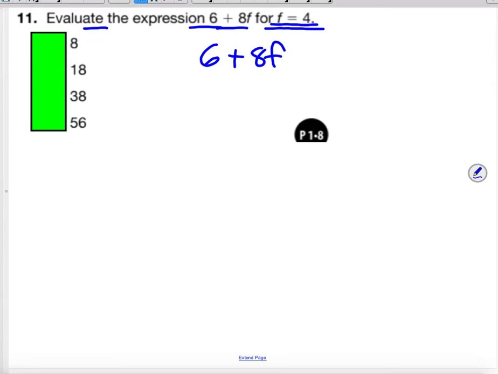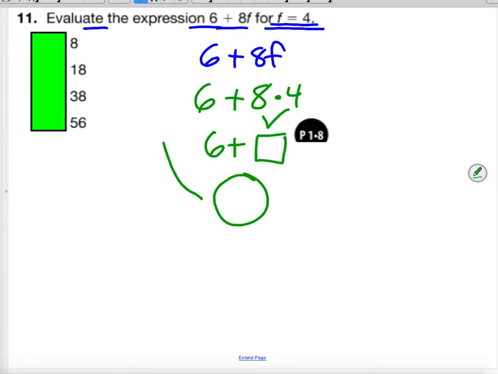So in this case, we will then rewrite it as 6 plus 8 times 4. And then you'll use the order of operations to solve this. 8 times 4, you get that amount, and then you add 6 to it, and you get your final answer, which will be one of these over here, okay? And that's how you would solve that problem.